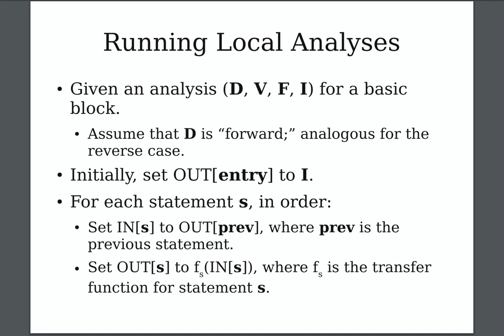And then for each statement in order, whether that's forward or backwards, here we're assuming that we're going forwards, but it's analogous for the backwards case, we set the input values for our statement to be the output values of whatever the previous statement was. So if entry was the first statement, the initial value is set to the input values for our first statement.